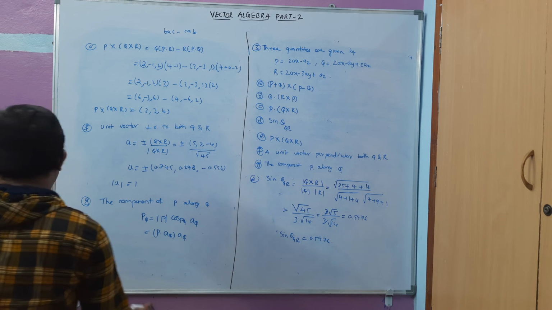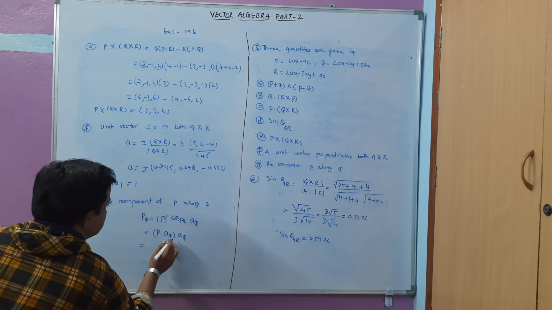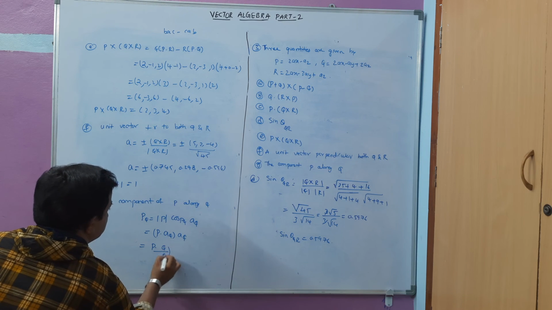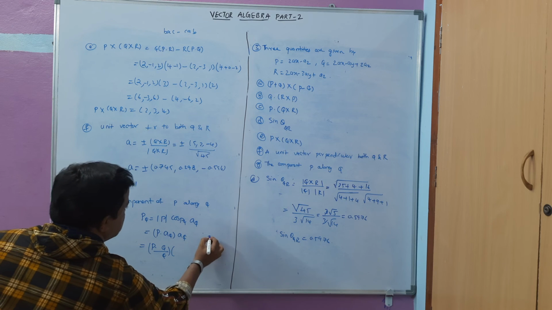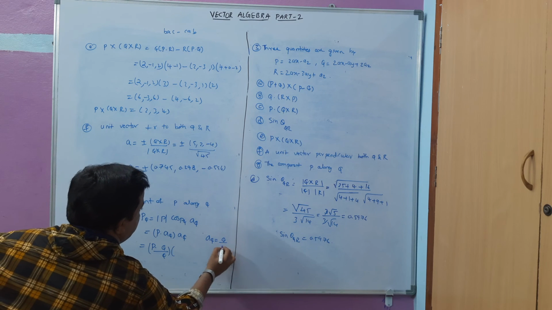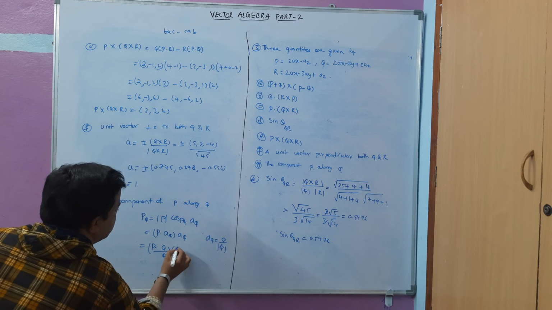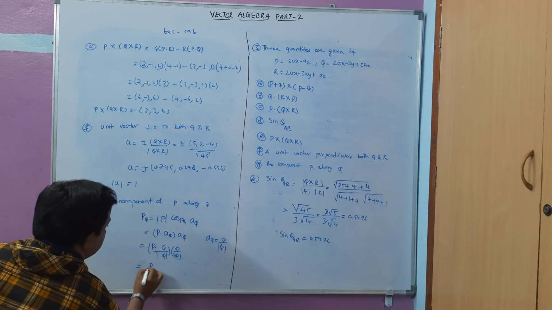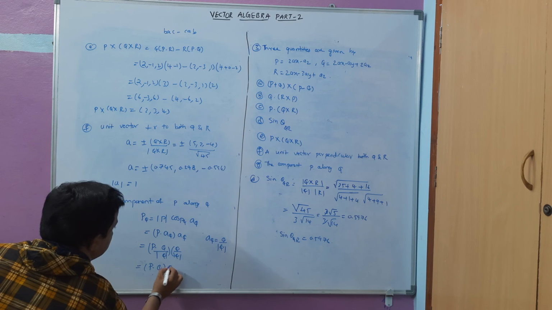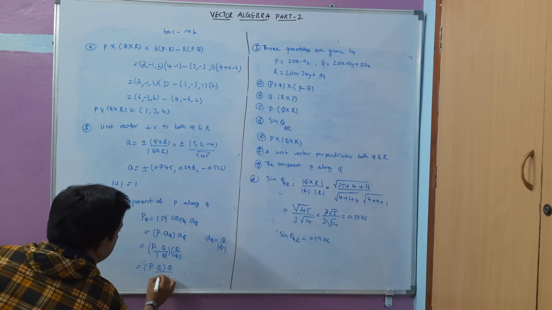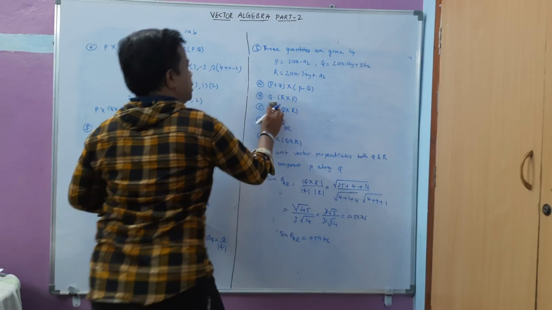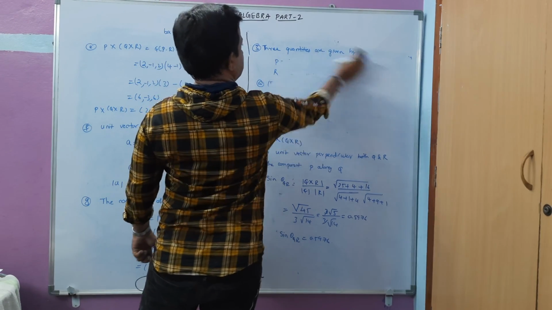P dot Q by mod Q into AQ, where AQ is equal to Q by mod Q. So I get P dot Q into Q by mod Q whole square.